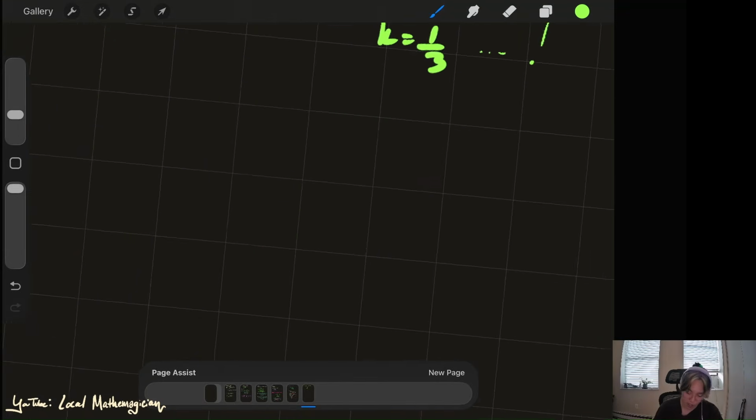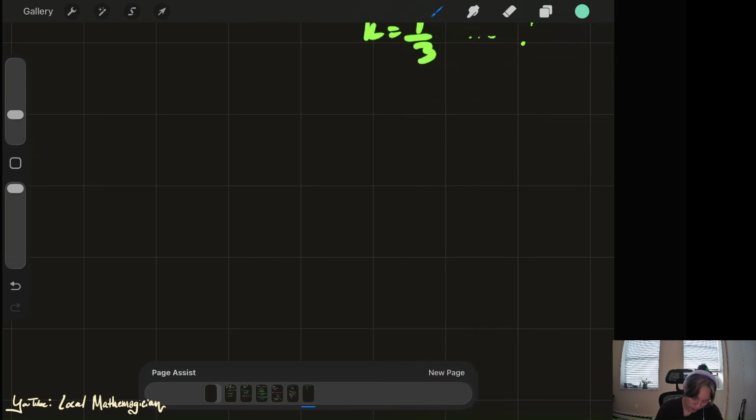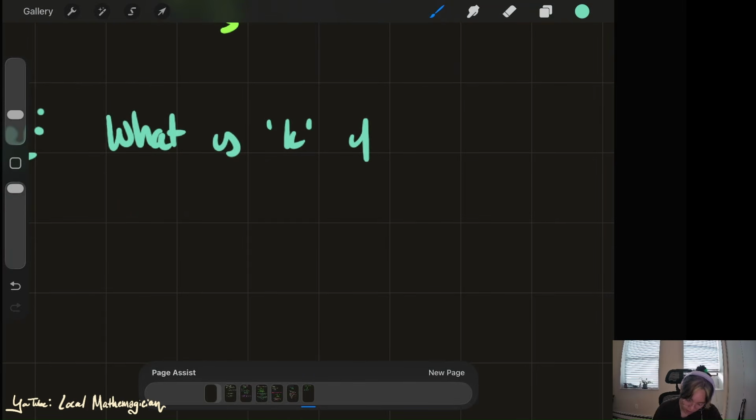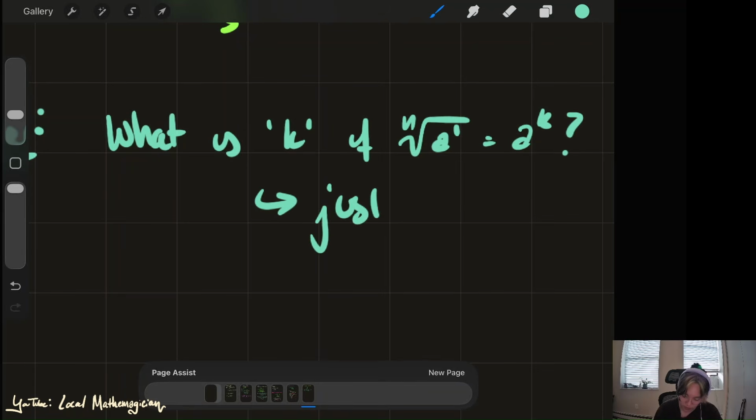Okay, so Gradescope question. What is k if the nth root of a to the first is equal to a to the k? Justify.